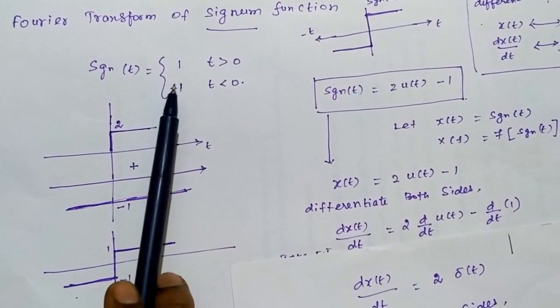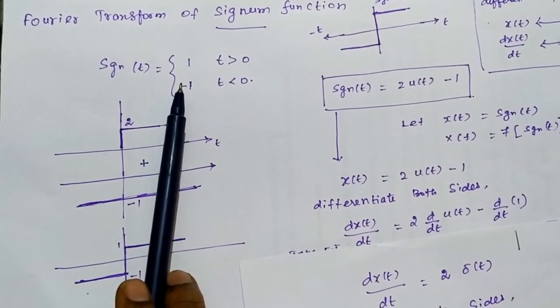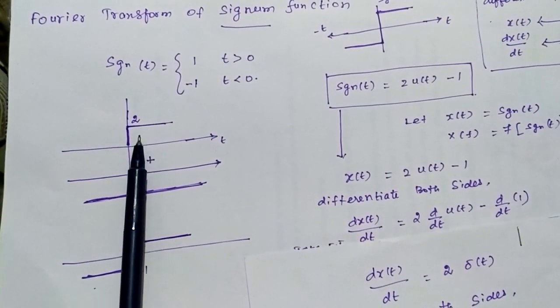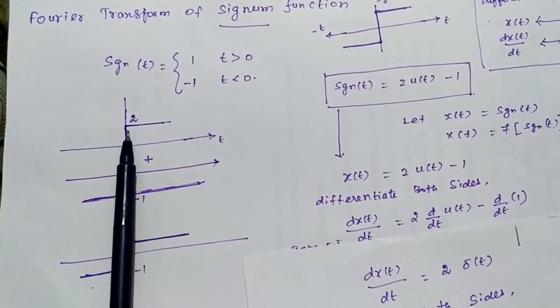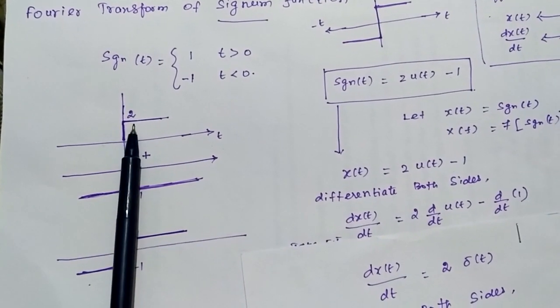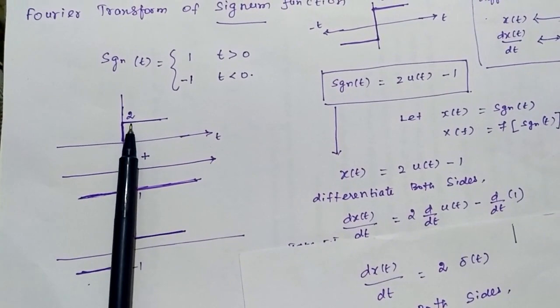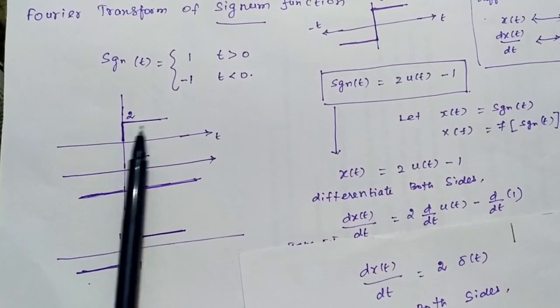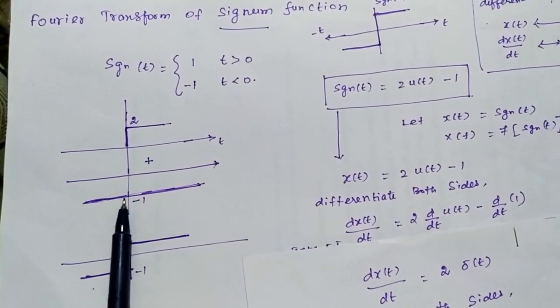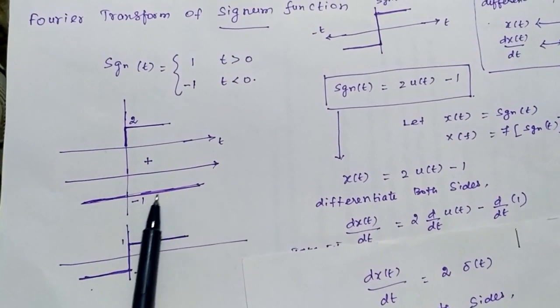This signum function can be realized using two functions. The first one is a step function whose magnitude is 2, and the second is a negative DC signal whose magnitude is minus 1.